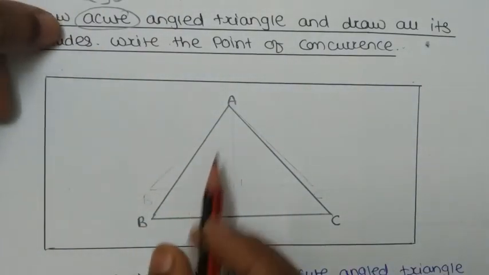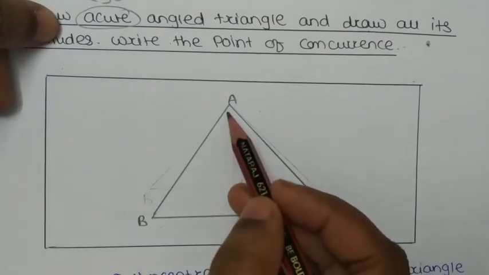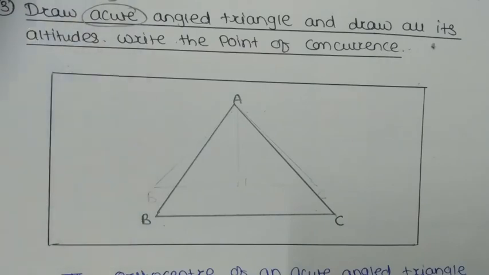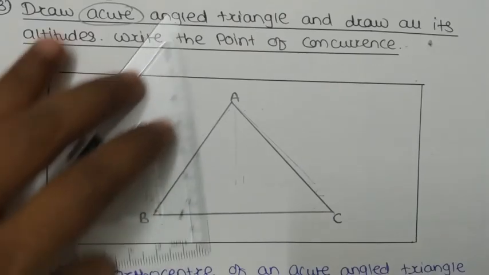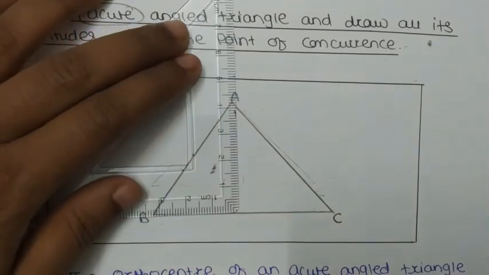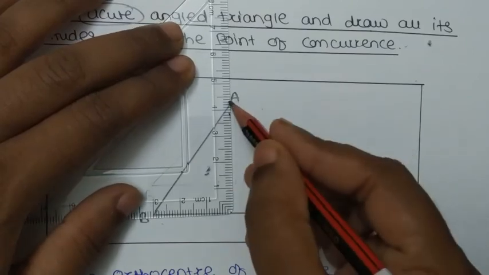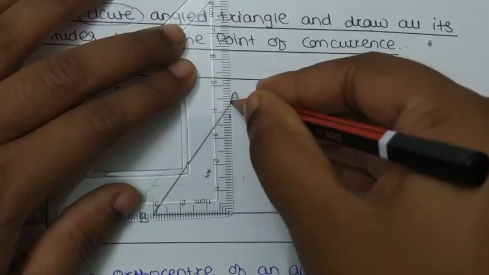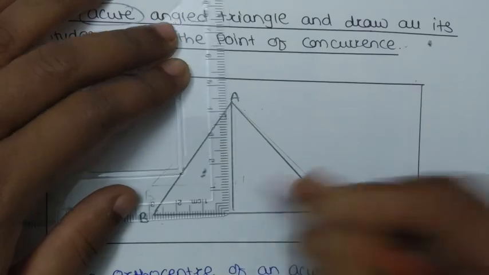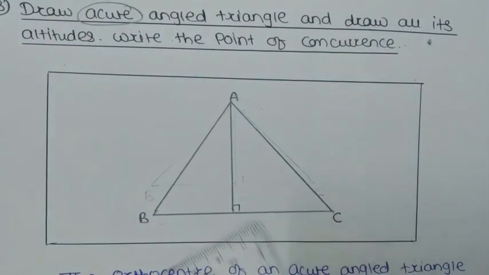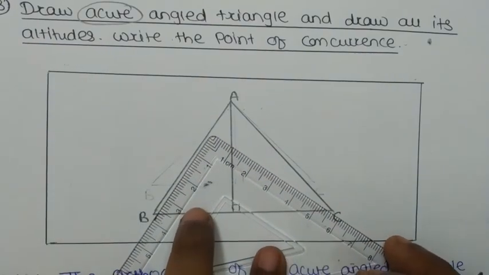Consider this triangle, triangle ABC, and observe that each angle of this triangle is less than 90 degrees. So therefore this one is the acute angle triangle. So draw the altitude of each and every vertex. For vertex A, the opposite side of this one is BC. So we have to draw the altitude like this. Clear? Now for point C, the opposite side of this one is AB.